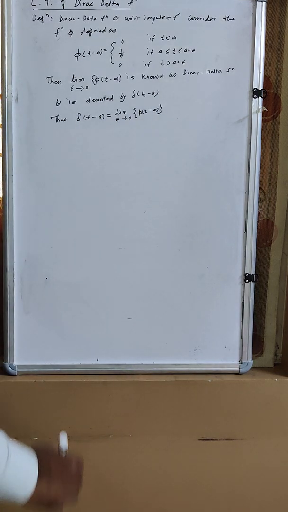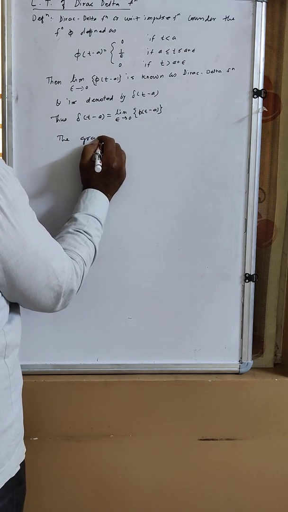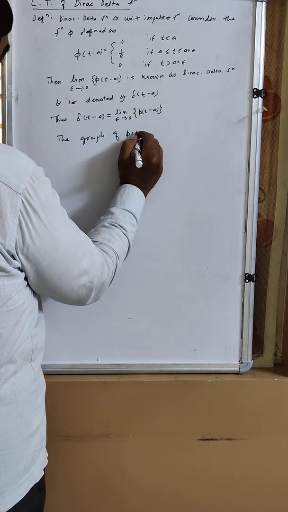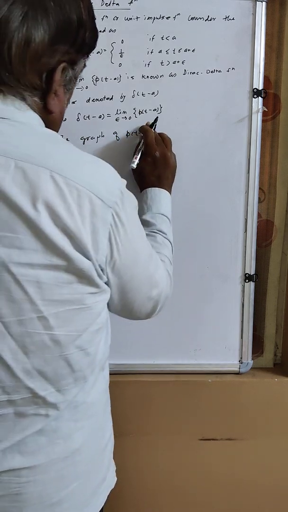The graph of phi of t minus a is as follows.